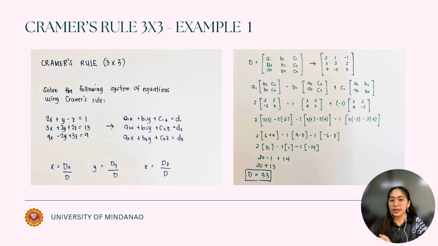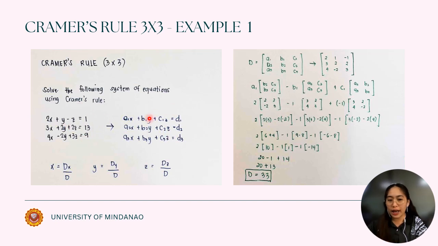So to further understand Cramer's rule for a 3 by 3 matrix, here is an example solved by me. Solve the following system of equations using Cramer's rule. Given these 3 equations: 2x plus y minus z is equal to 1, 3x plus 2y plus 2z is equal to 13, and 4x minus 2y plus 3z is equal to 9.